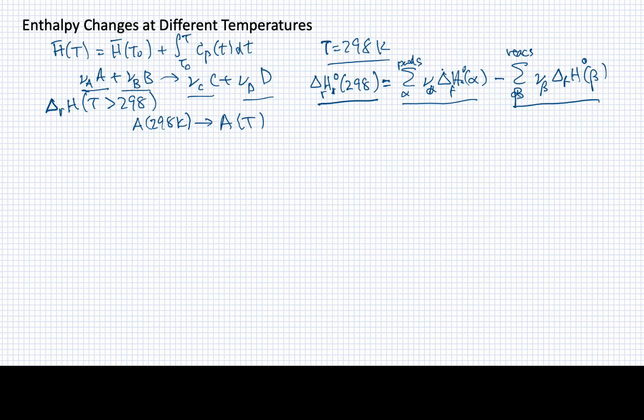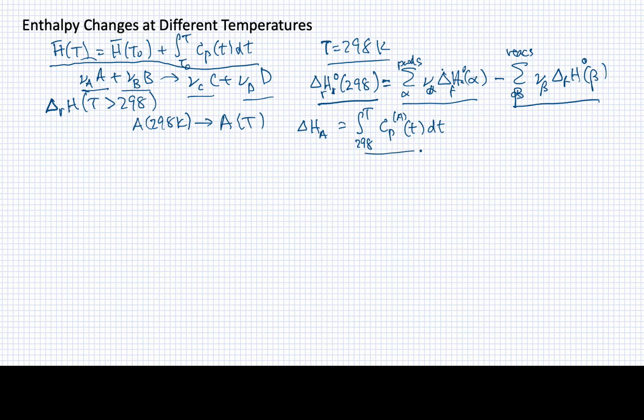Well, I know that the delta H for this process is simply going to be given by this formula, where A is the subject of this formula. So the heat capacity in this case is going to be the heat capacity of substance A. So in other words, I can write this as simply the integral from 298 to the final temperature T of the heat capacity of substance A, which is in general itself a function of temperature, dT.